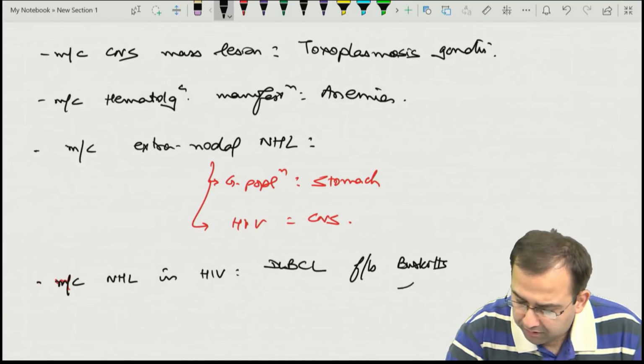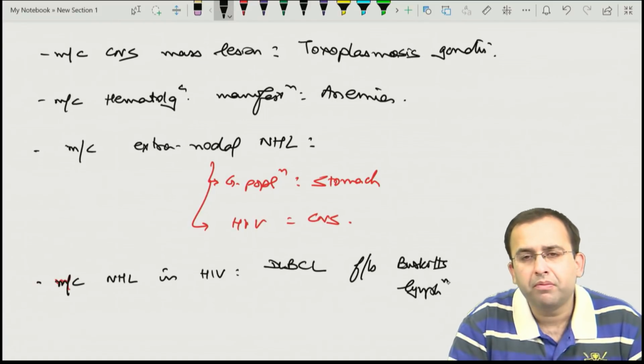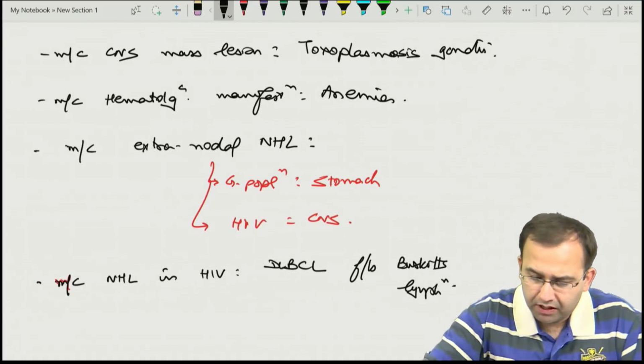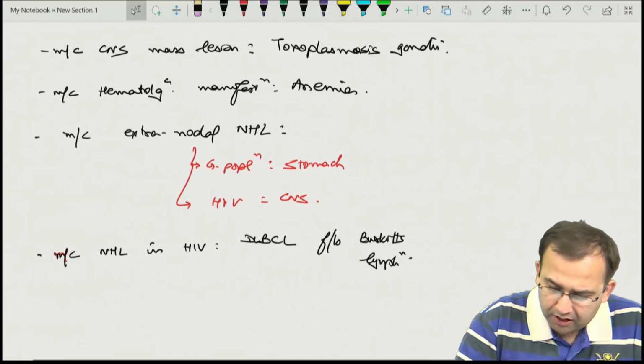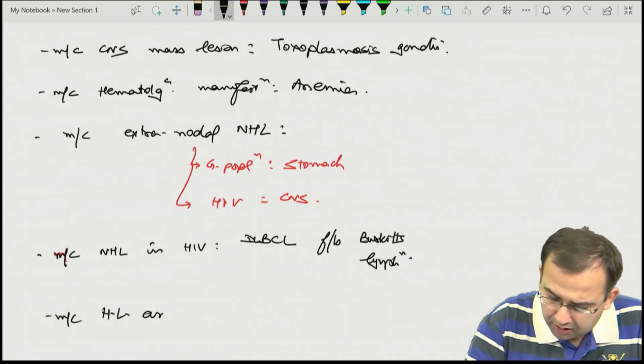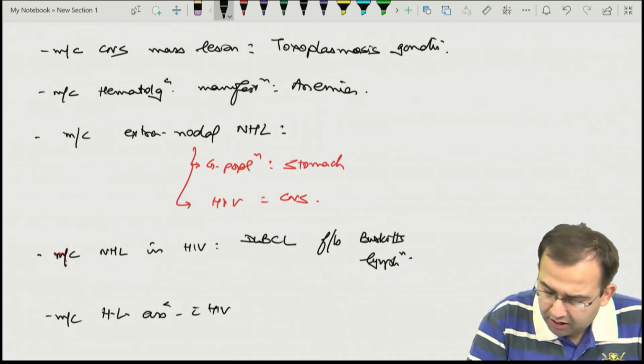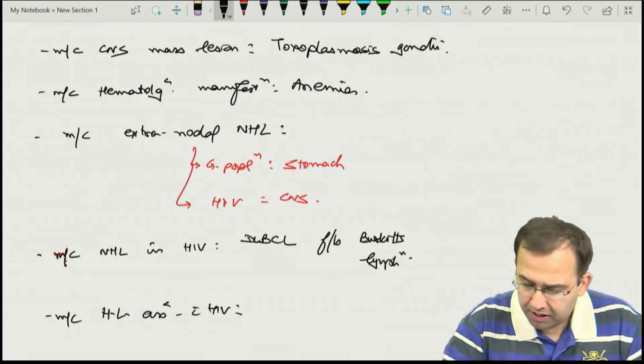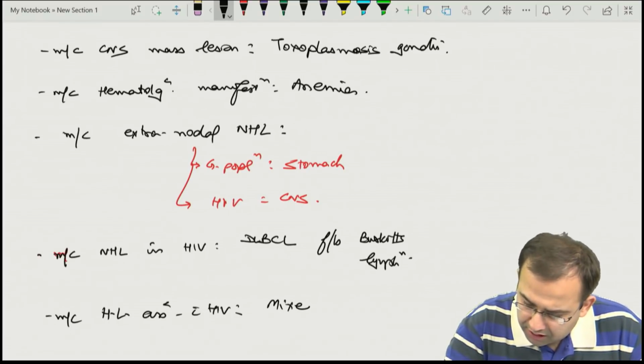Next point, most common Hodgkin's lymphoma associated with HIV. Overall, most common in India is mixed cellularity. The one with HIV is also mixed cellularity.